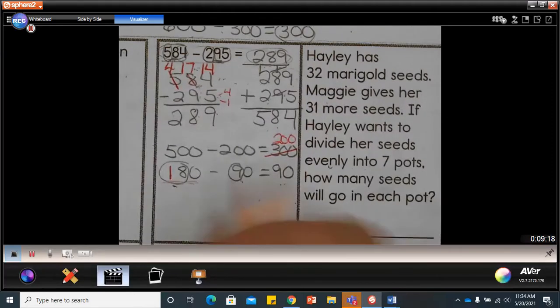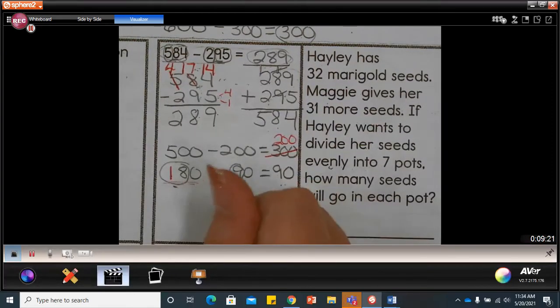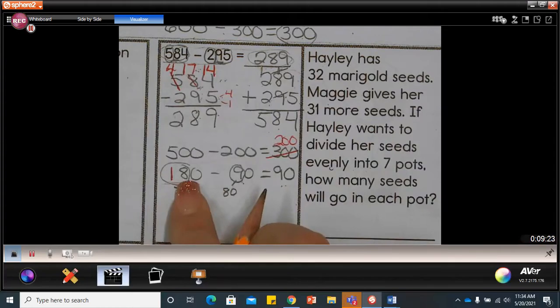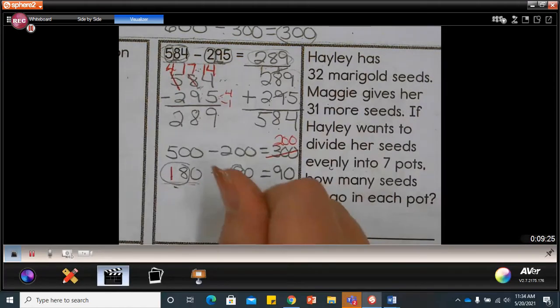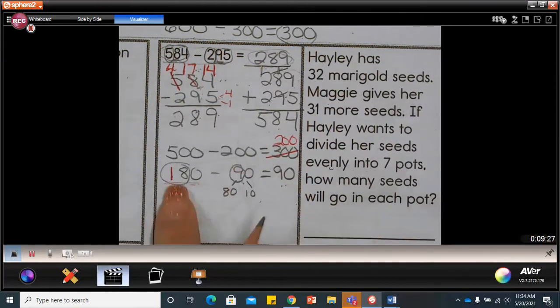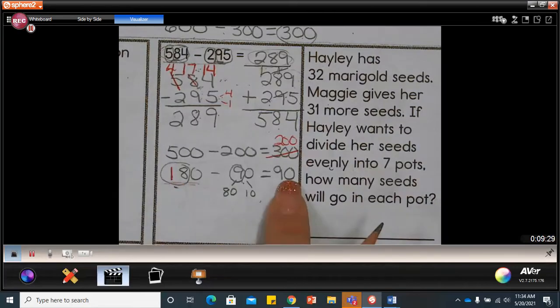Or if you think about it, I could take this 80 out, which would leave me with 100, and then I could take 10 more out of 100, and that would leave me with 90. Lots of ways to look at this.